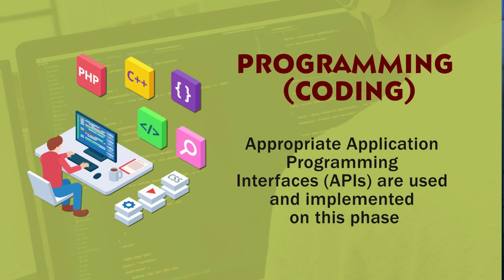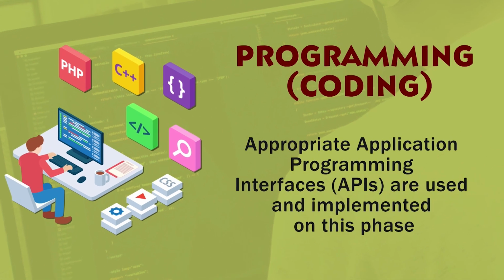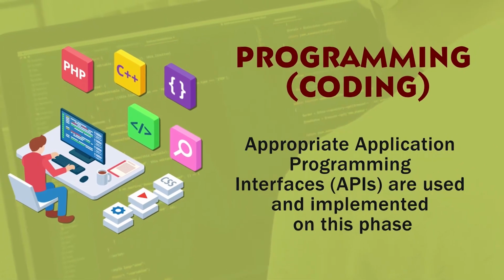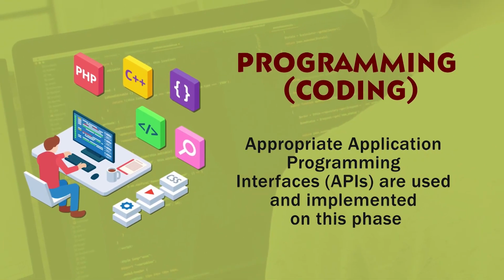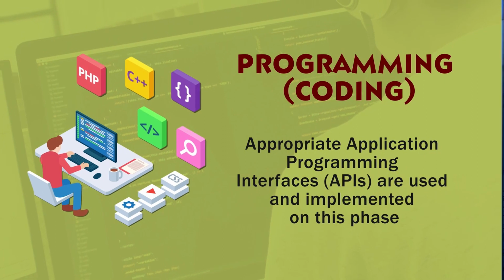In this development stage, the development team will do the programming, the real coding work as per the graphic user interface and their database choices. Appropriate application program interfaces, that is APIs, are used and implemented in this phase only.